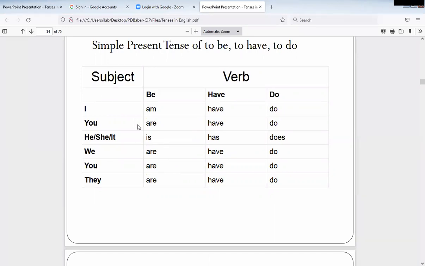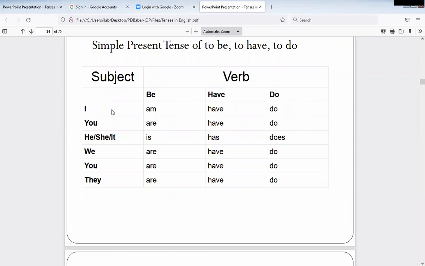If the subject is I, then the to be form that we have to use after I is am, I am. Then the have form after I is have, I have. And do will remain as it is, so I do.